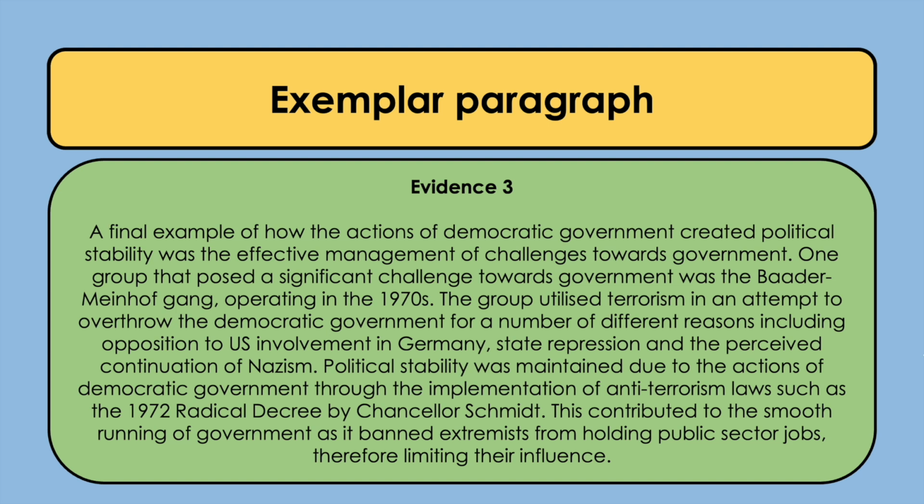Political stability was maintained due to the actions of democratic government through the implementation of anti-terrorism laws, such as the 1972 Radical Decree by Chancellor Schmidt. This contributed to the smooth running of government as it banned extremists from holding public sector jobs, therefore limiting their influence.